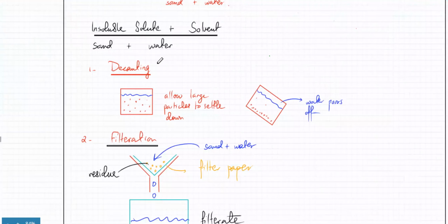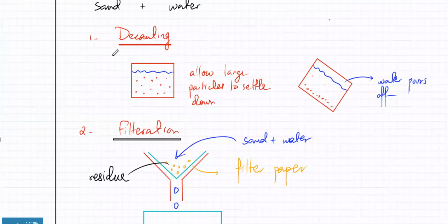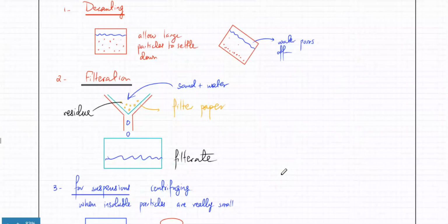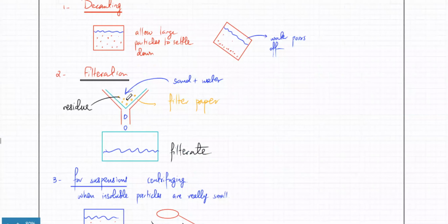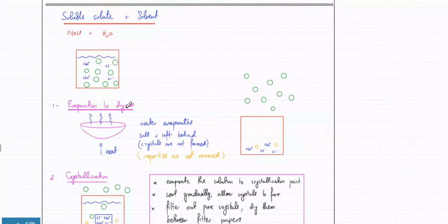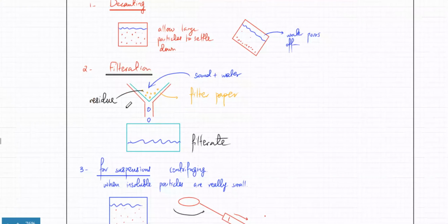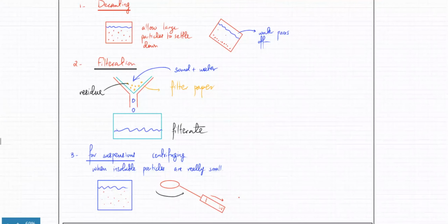Anyway, for an insoluble solid, you've got filtration and decanting. Decanting is where you just allow the particles to settle down. You get muddy water, you wait for all the particles to settle at the bottom, and you can pour off the water from the top. You've got filtration where the large particles get stuck in the filter paper, and the third one was for suspension, so we can ignore that for now.